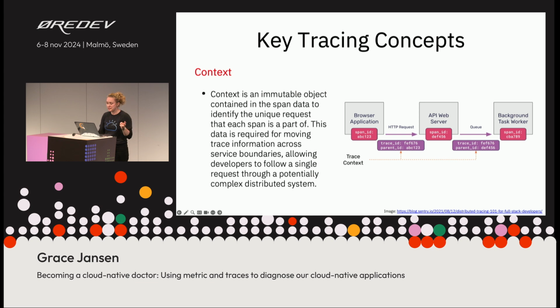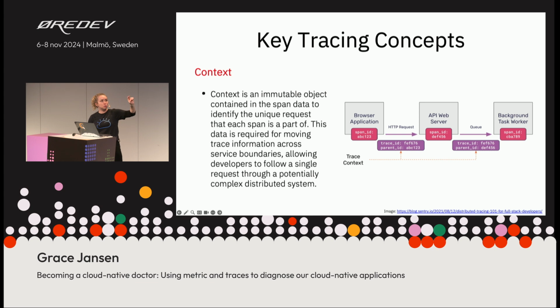The parent ID, you have to listen to this one, is the span ID of the parent that spawned the current operation. That was clear, right? That's why I've got a diagram, okay? So in here, you can see the parent ID on the first bit of context is ABC123. That's the same as the span ID of the parent that then created the next piece of work.